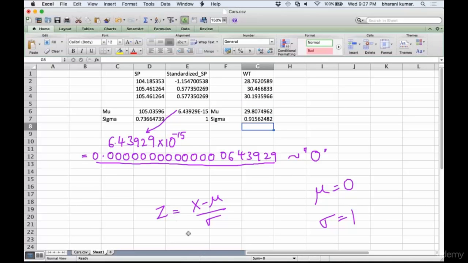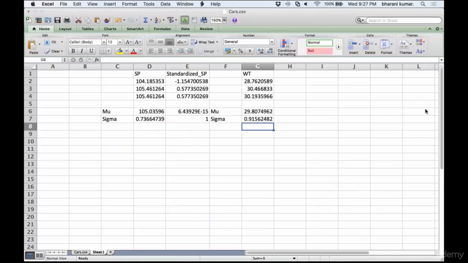What is the formula for standardization? Z is equal to X minus mu over sigma. So let me erase this. The formula is simple. Z is equal to X minus mu over sigma.